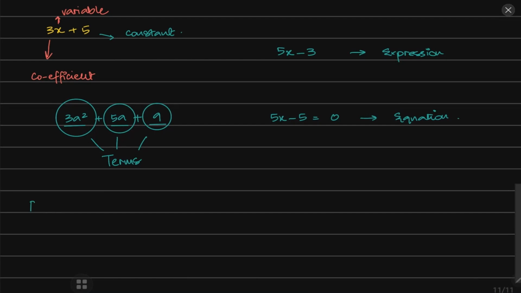Now we call these expressions or equations polynomials, basically, as they consist of one or more terms. A polynomial is an algebraic expression which consists of one or more terms.